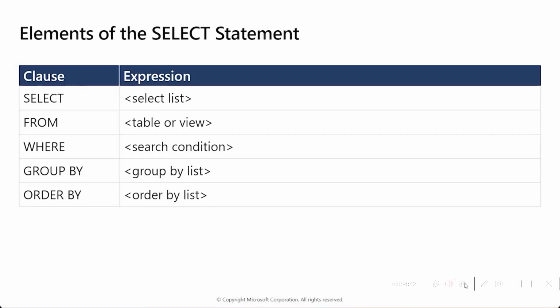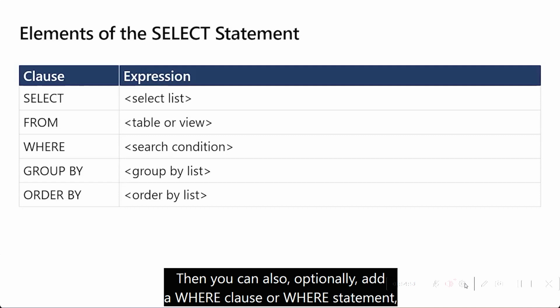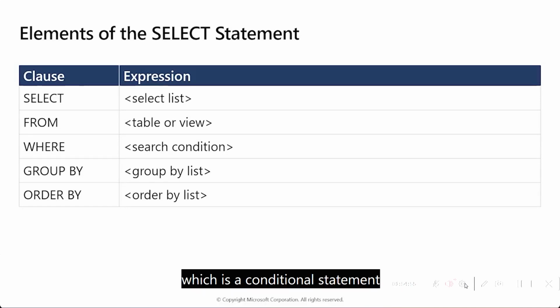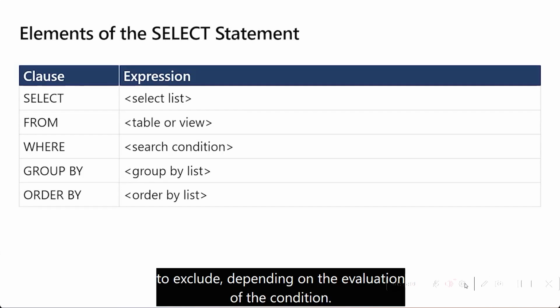The from statement is then used to decide which table to retrieve your data rows from. Then you can optionally add a where clause, which is a conditional statement that specifies which data to include and which data to exclude, depending on the evaluation of the condition.